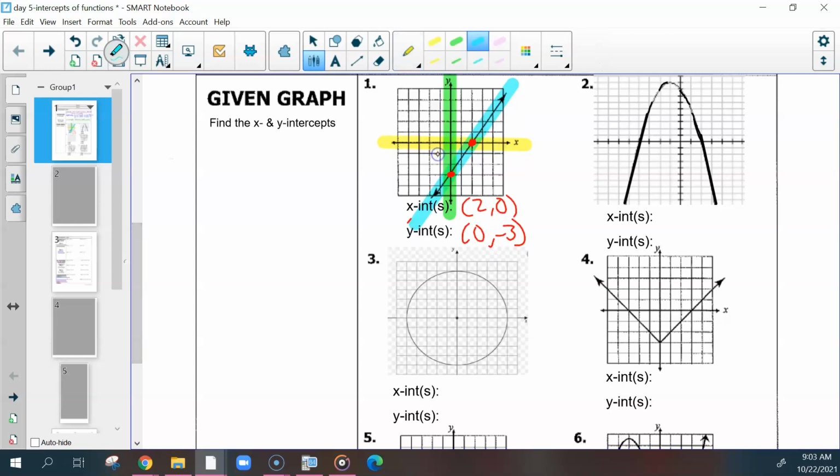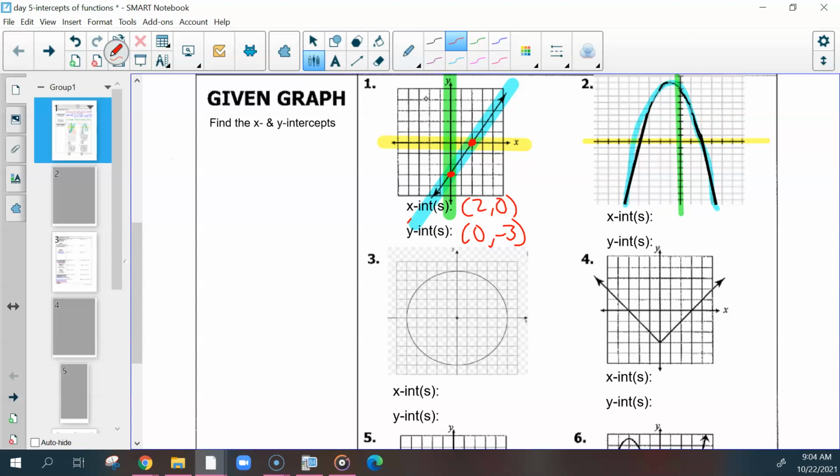So for number 2, again, look at your paper to see where does this cross your x-axis. Does it cross it at -2?